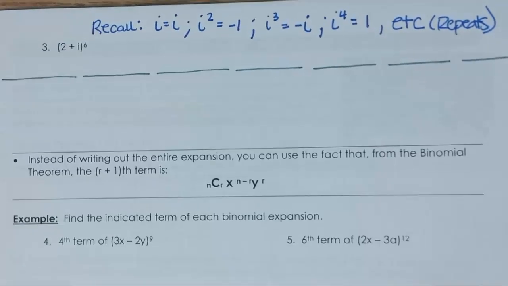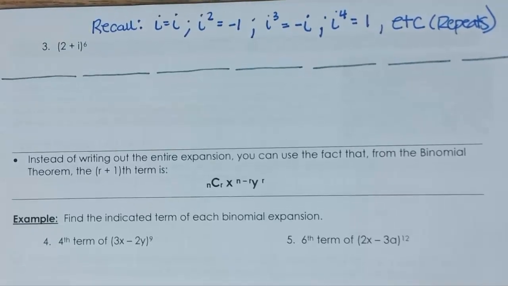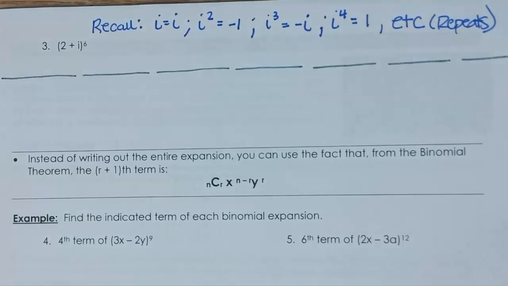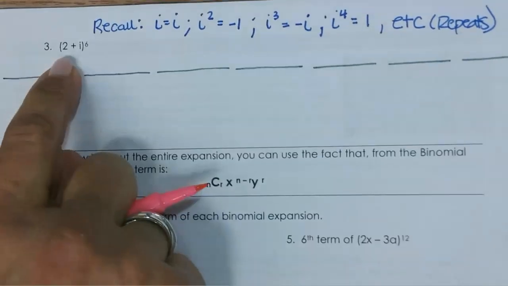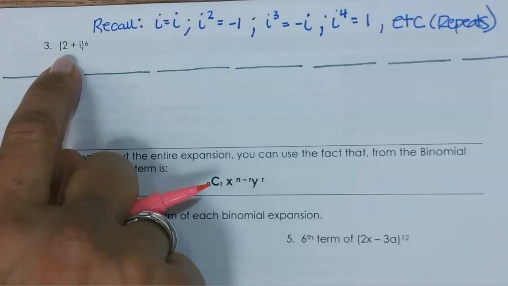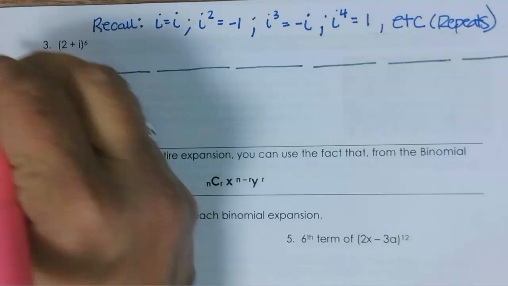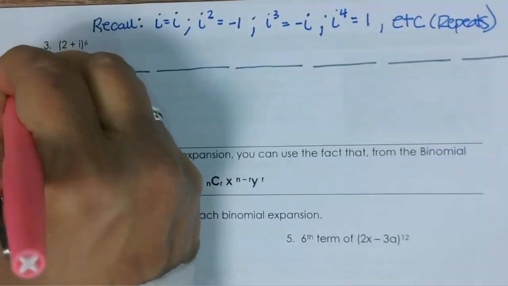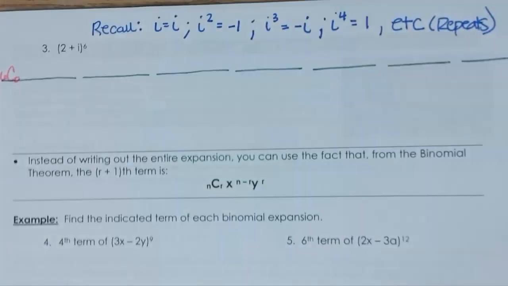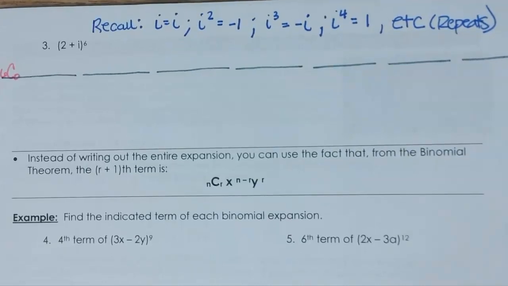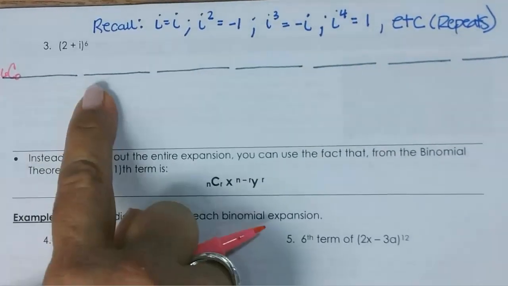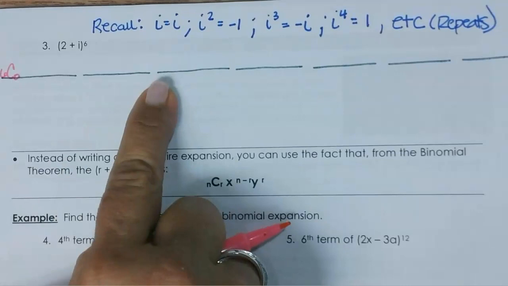And on each of those 7 lines, we can put the different pieces. Remember, the first piece of each term is going to be n, which is 6. We're going to start with 6C0, and then 6C1, then 6C2, etc., okay?